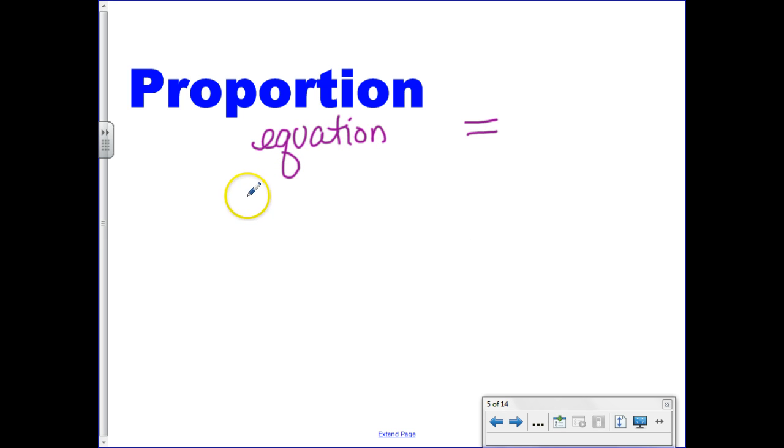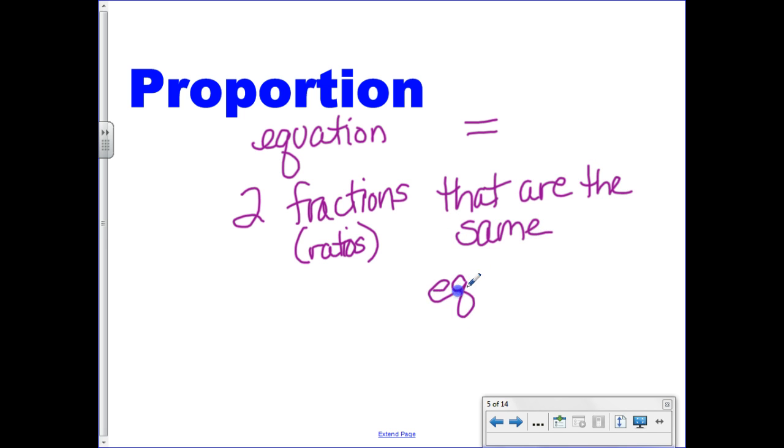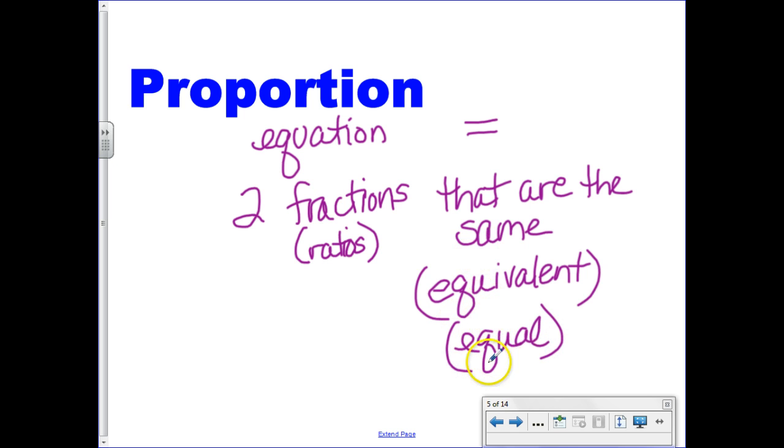And it happens to be an equation where you have 2 fractions, or I suppose I should use the word ratios, but really we're almost always going to write them as fractions. 2 fractions that are the same, or in other words, they have the same value. Sometimes we use the word equivalent to represent that, or I might simply say they're equal to each other. Okay? Now, what does that mean?